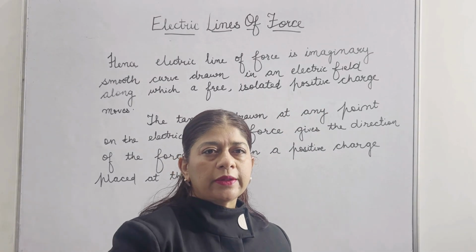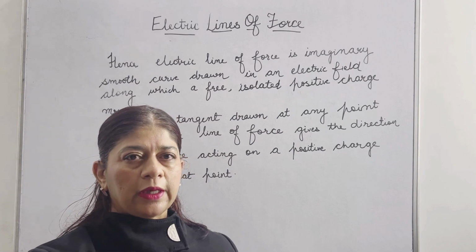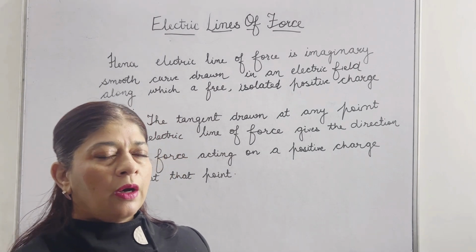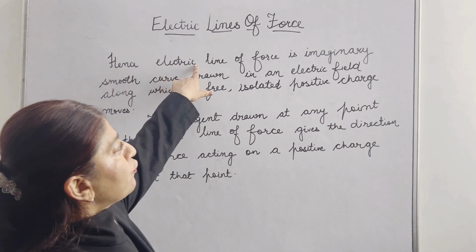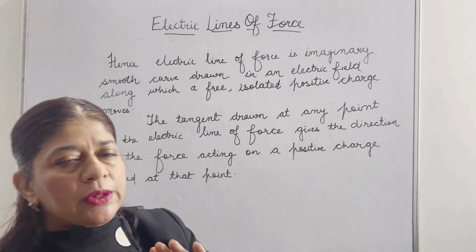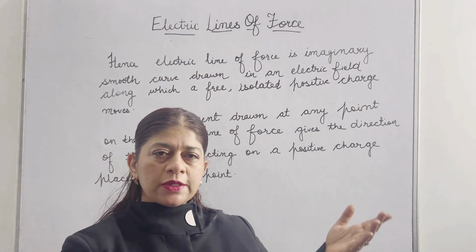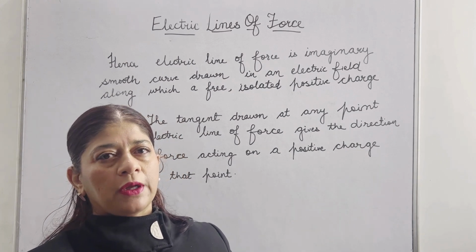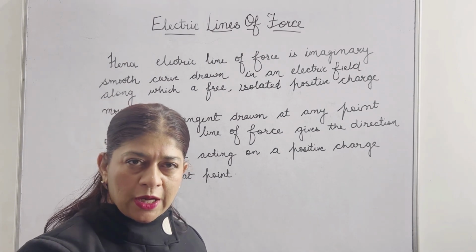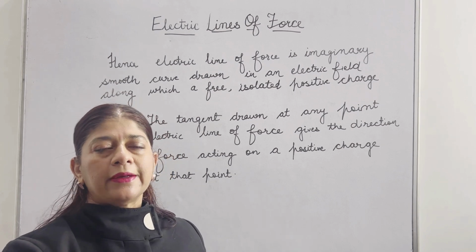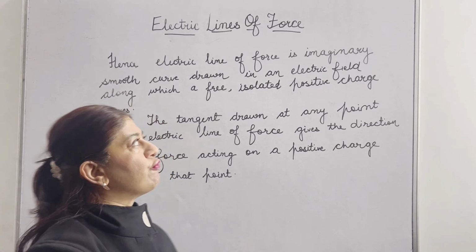Hence, from our discussion, we conclude the definition of the electric line of force. It is imaginary. Actually, it does not exist there. We have just traced the path of the charged particle in the field of the charge that is placed, and the direction is that of the electrostatic force.